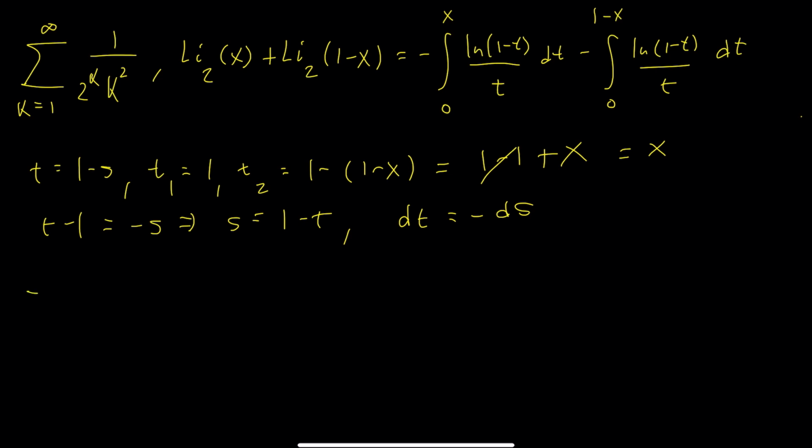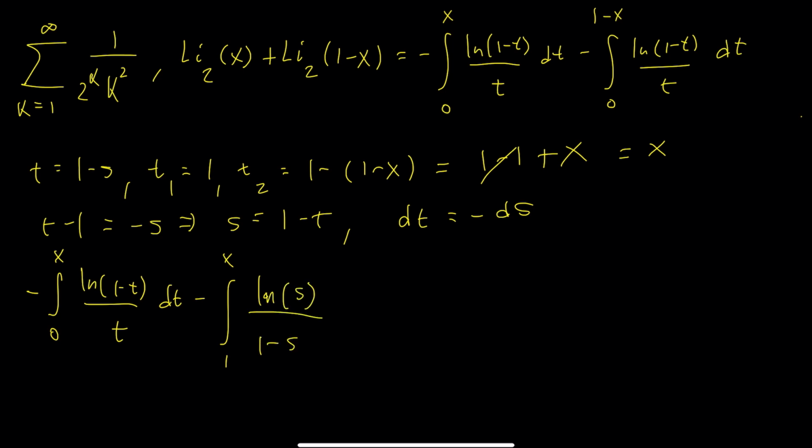So we're going to have negative the integral from 0 to x, the natural log of 1 minus t over t dt, and then minus the integral from 1 to x, the natural log of s divided by 1 minus s, and we're going to have a negative ds. But these negatives end up canceling, and s is just a dummy variable, so we're going to go back in terms of t.